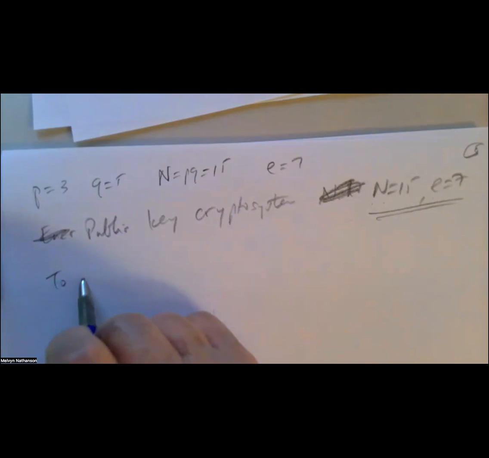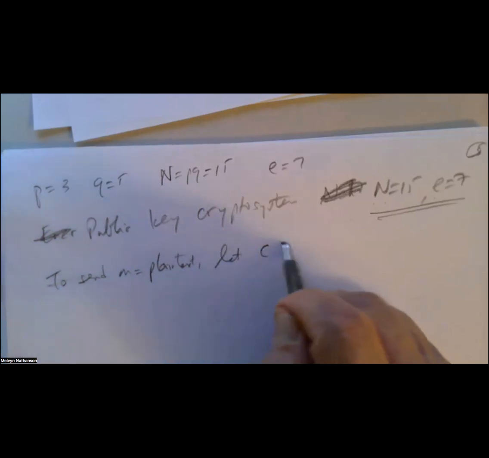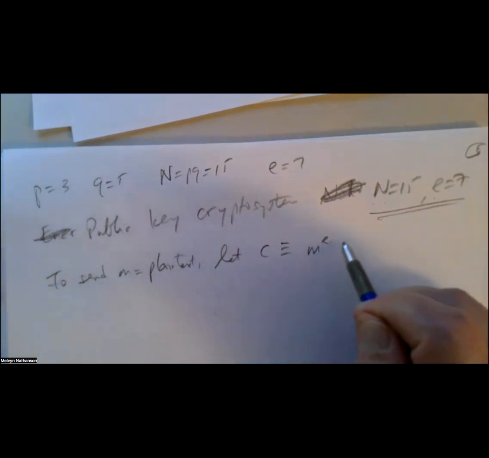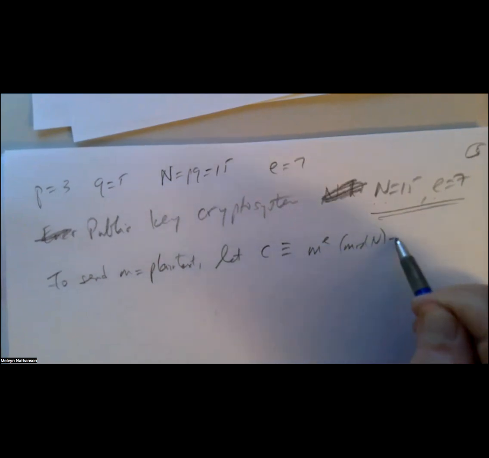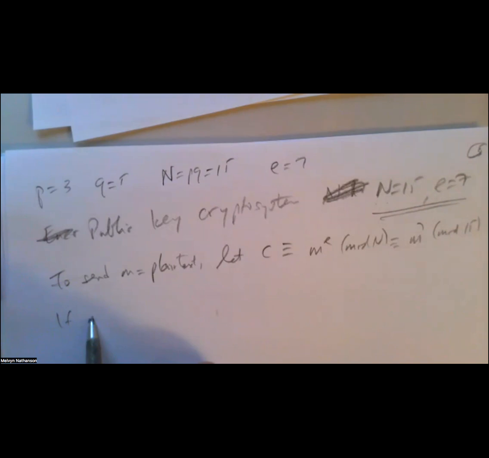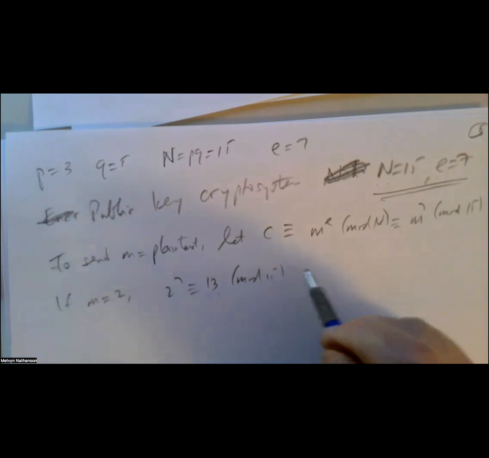If you want to send the message M, which is your plain text, choose C to be congruent to M to the E mod N, or M to the 7th mod 15. So if M is 2, if that's the message you want to send, then 2 to the 7th is congruent to 13 mod 15.